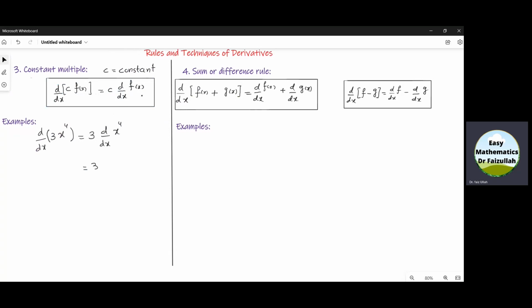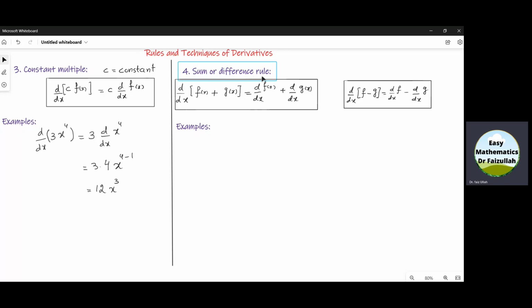So we get 3. Now to differentiate x power 4 by the power rule, we can write 4x power 4 minus 1. So the solution is 4 threes are 12 x power 3, and that is the solution.